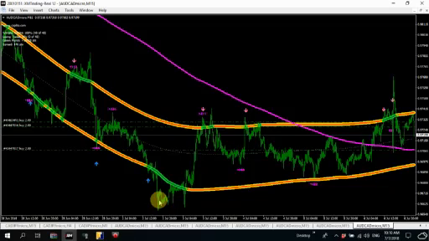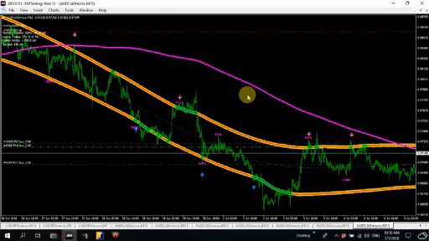Okay, so what is the best solution to get your trade in and get out immediately the same day? Before we dive into that, this channel is a free tool on mql5.com.